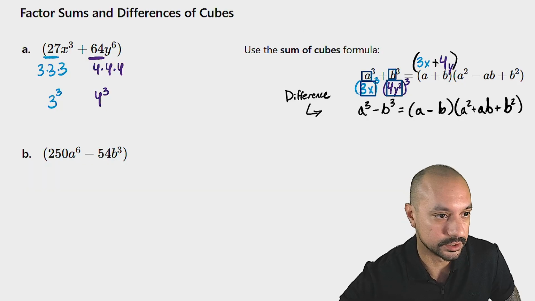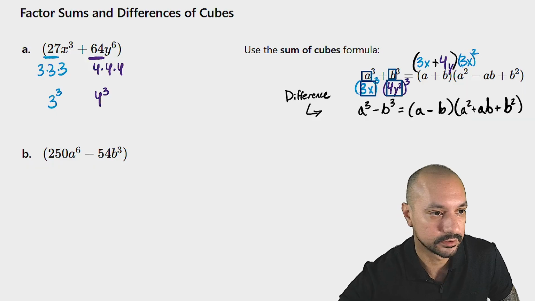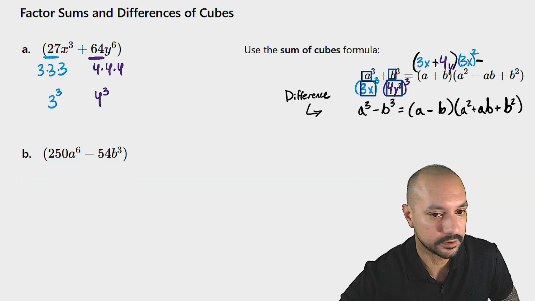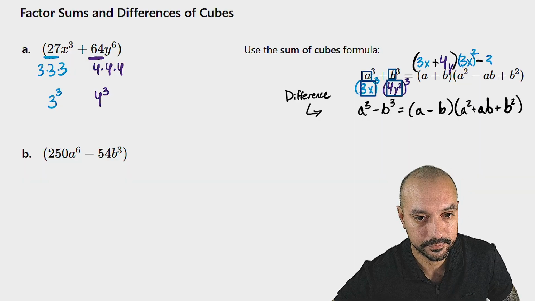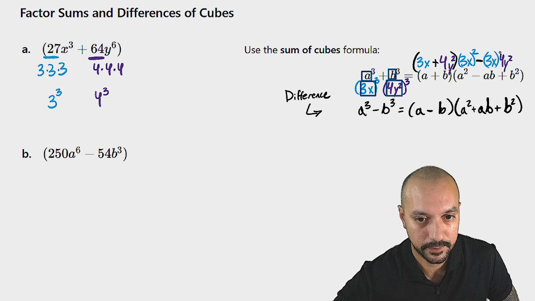And we could go ahead and continue recording the formula. So then we have a squared minus a times b. B, if you remember, is 4y squared. Let me include my square there as well.